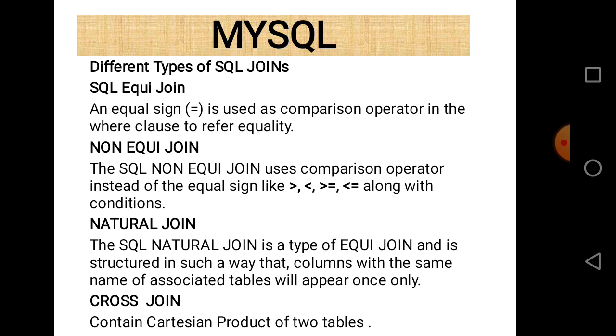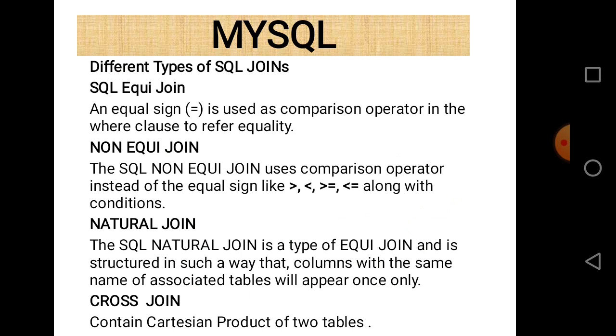Sometimes the question will be asked about equi join and non equi join, so differentiate between equi join and non equi join. And natural join and cross join are asked in a separate manner, or we can say a separate question contains: define natural join.